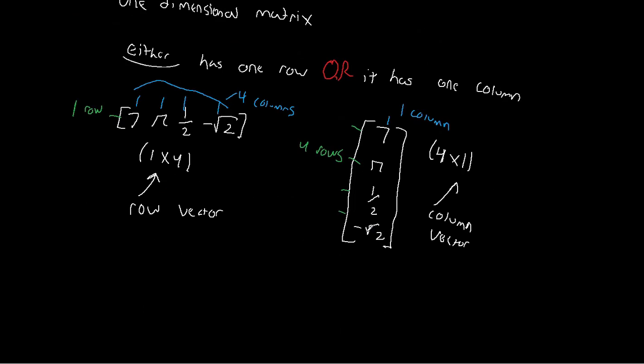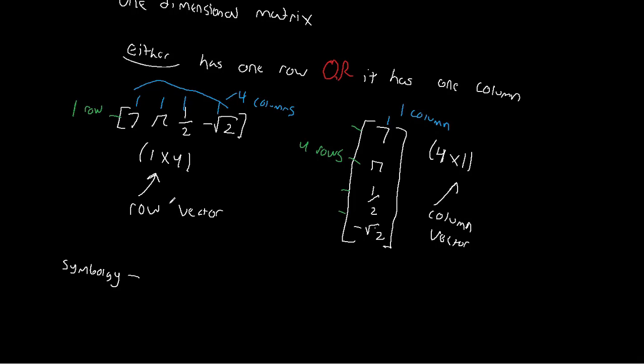So just like we've done before, right, we have these things visually sort of what they look like. But how do we express them in terms of symbology? Okay? So with scalars, right, we symbolize them by a lowercase letter.